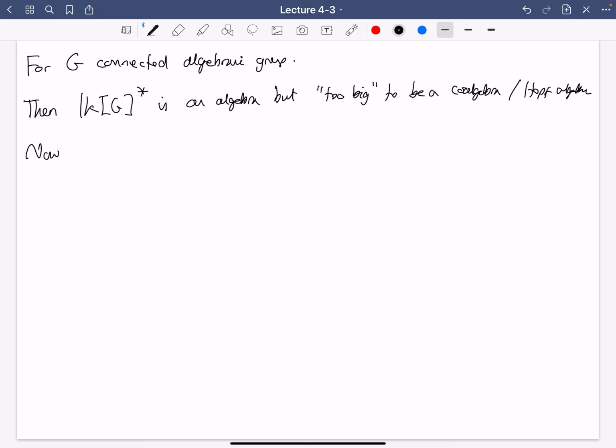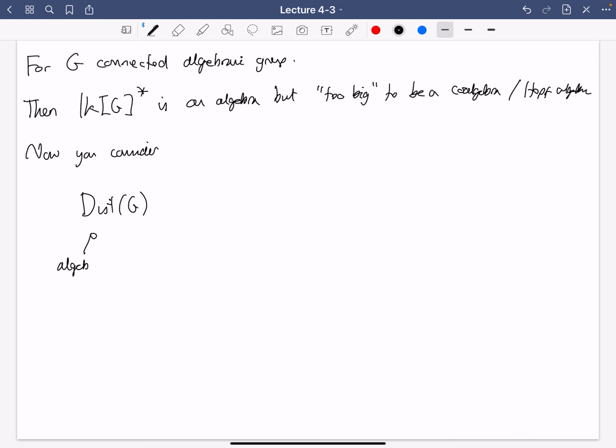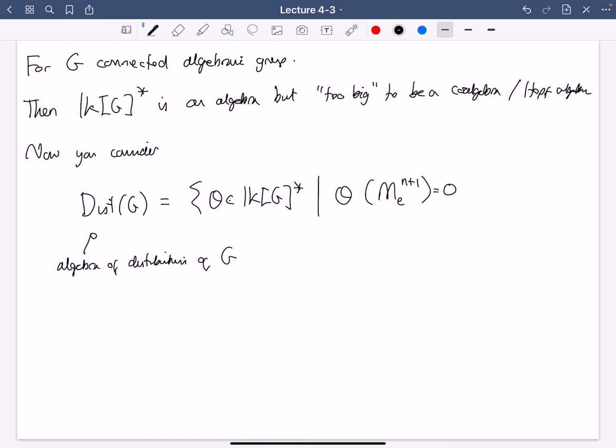So now you consider something called dist G. This is the algebra of distributions of the algebraic group G. By definition, that's all elements theta of the linear dual, which is an algebra, such that theta kills m_e to the power n plus 1 for all sufficiently large n.